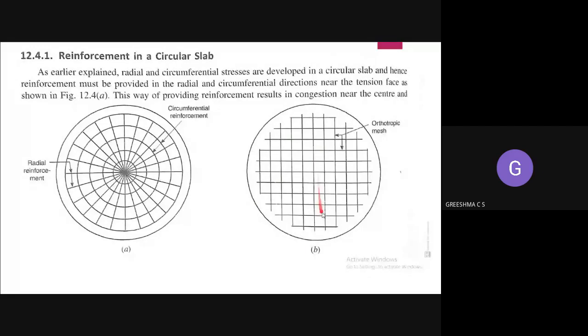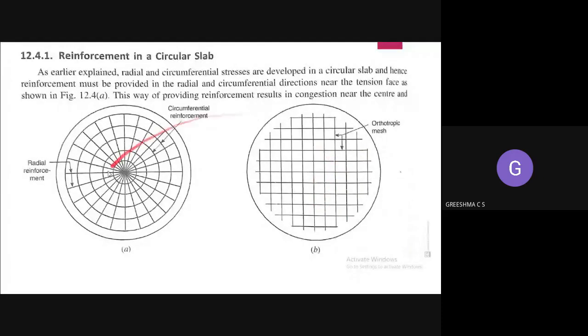This is called mesh reinforcement. You keep the reinforcement bars orthogonally: first you lay in one direction, and on top of it, in the opposite direction, you lay the other reinforcement. This is the orthotropic mesh reinforcement, which you can also simply call mesh reinforcement.